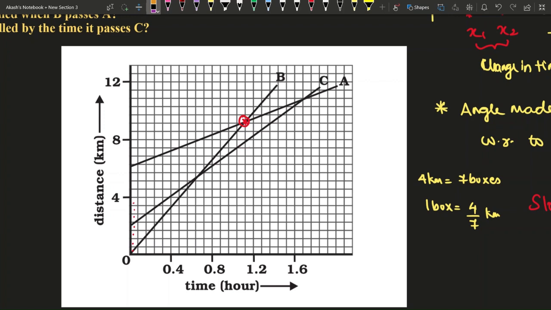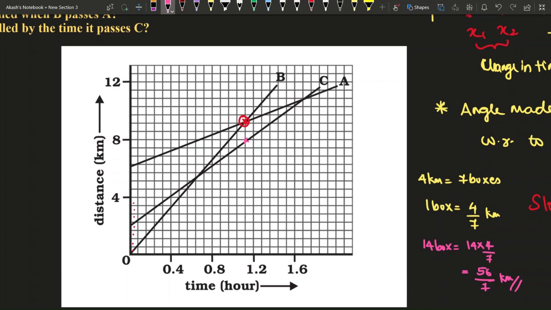This is the point C. So at point C it is 1, 2, 3, 4, 5, 6, 7, 8, 9, 10, 11, 12, 13, 14. 14 boxes covered. So the 14 boxes will be equal to 14 into 4 by 7. So 14 into 4 will be equal to 56 by 7 kilometer. Understood? The clear point is it is covered 56 by 7 kilometer.